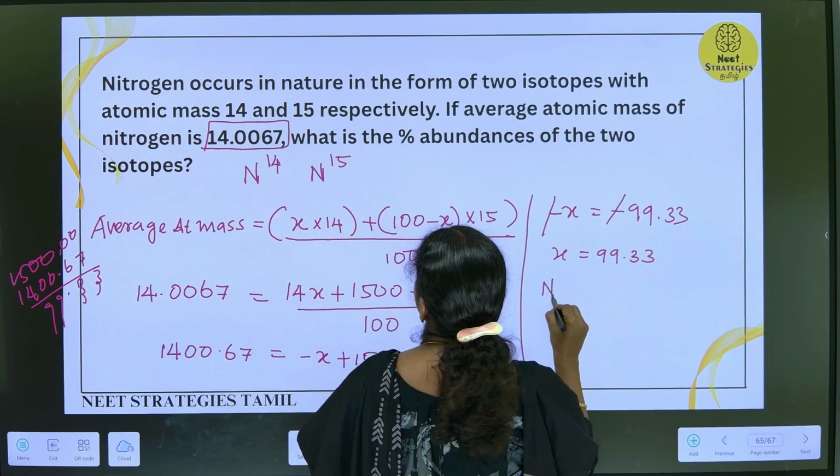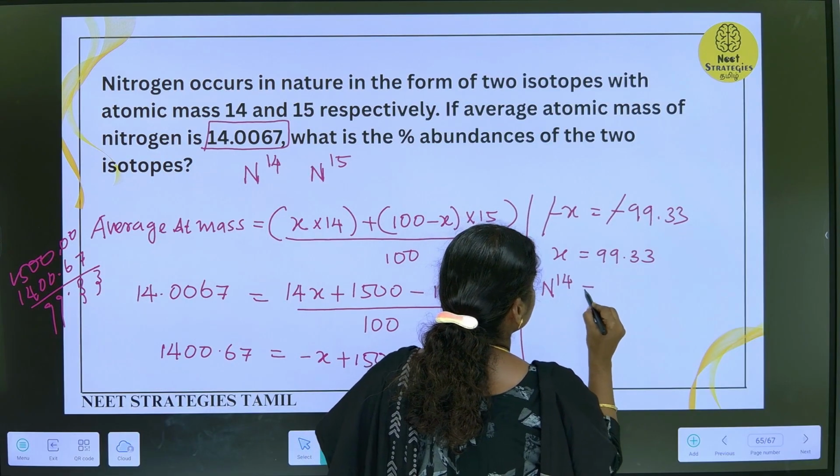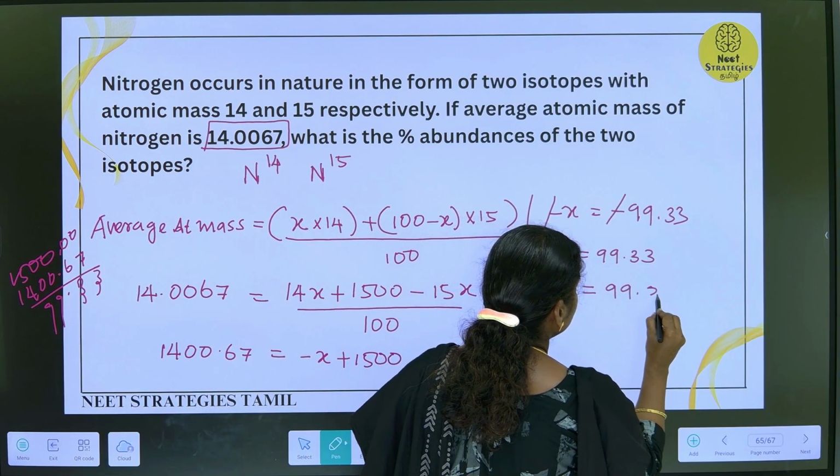So nitrogen-14 we take first, which is equal to 99.33.